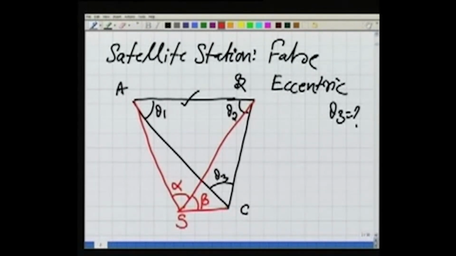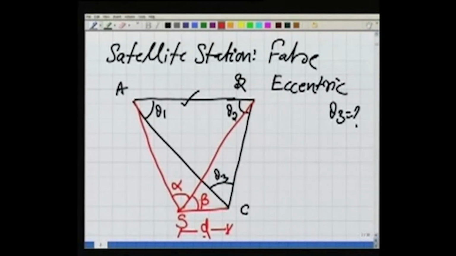These angles can be measured, as well as the distance SC, this distance D. So, this is the condition for this satellite station. We locate this satellite station somewhere around our C, because C can be any high-rise tower or a spire of something, something which we cannot occupy, but we can bisect.